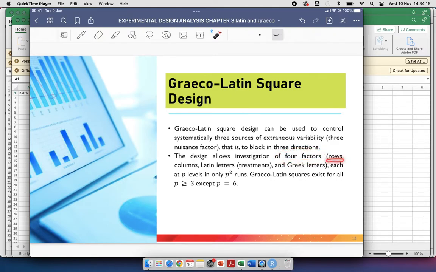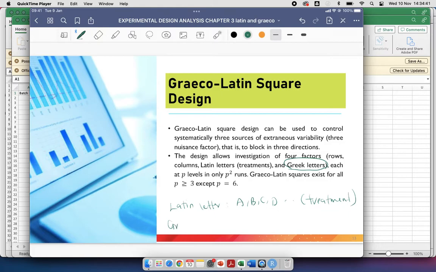Rows is the first nuisance factor. Column is the second nuisance factor. Latin letters, which ones? Latin letters are A, B, C, D and so on. This one will be your treatment. Then there is one more, the Greek letter.